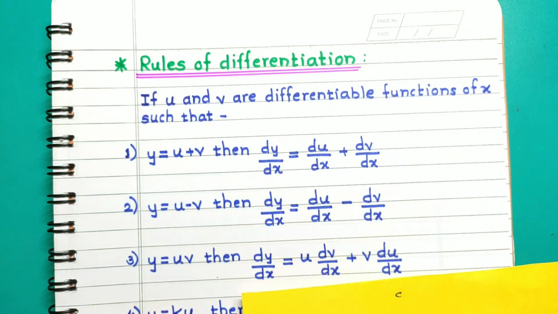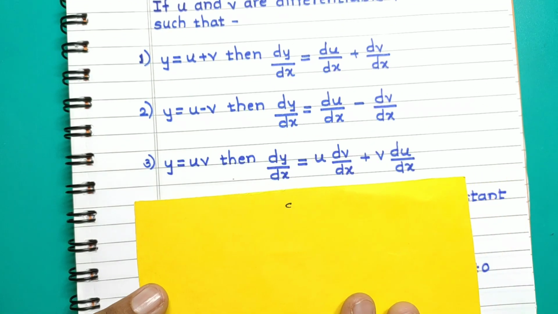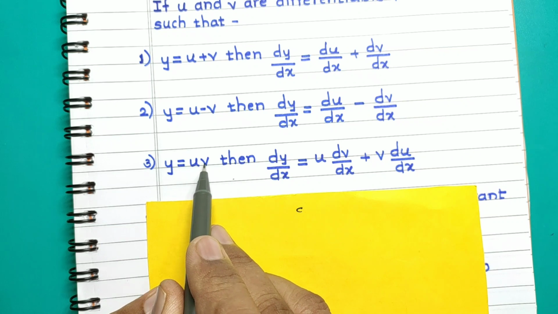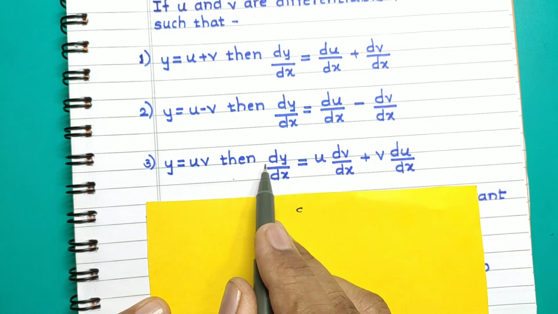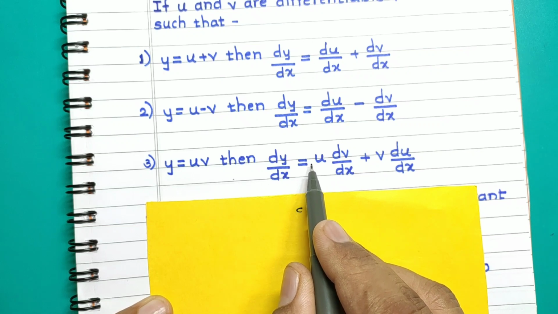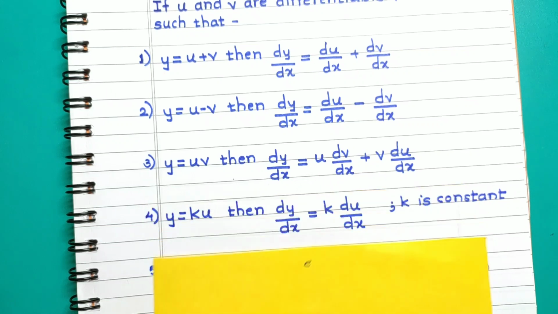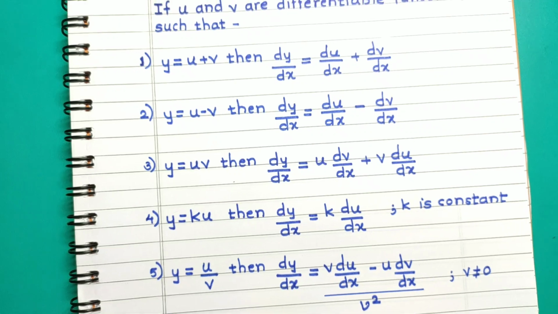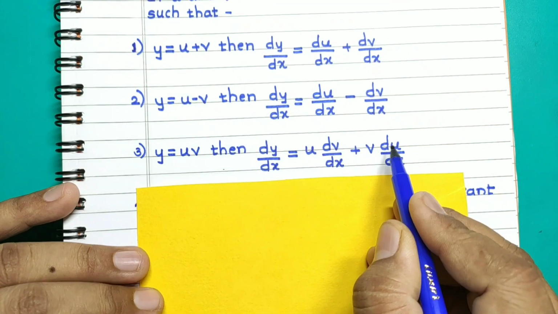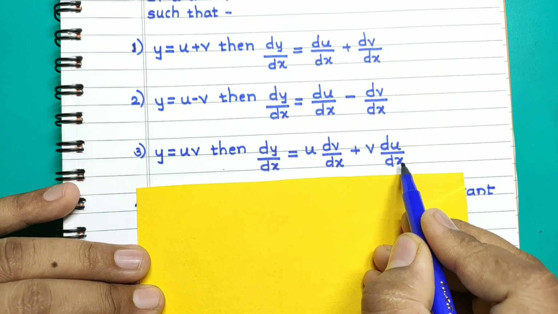Now let's go to the next rule. It is for product. When y is expressed as the product of two functions u and v, then its derivative, that is dy by dx, is given by u into dv by dx plus v into du by dx.